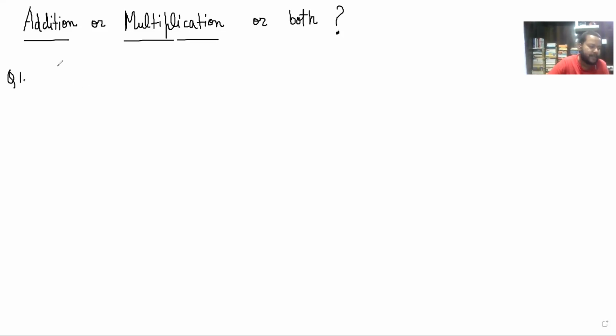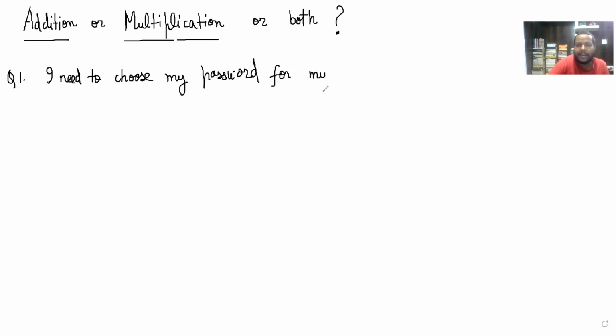Question 1, for example: I need to choose a password for my bank card, let's say. Here, there are some restrictions on my password.